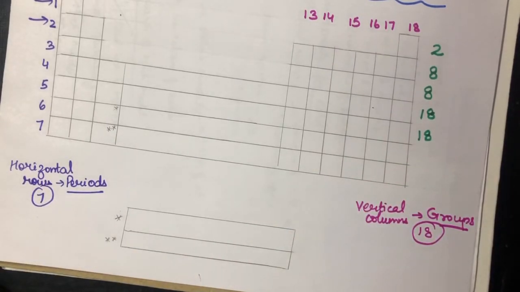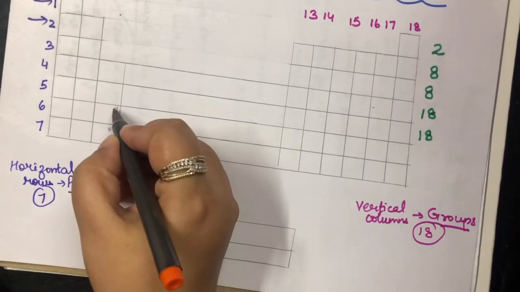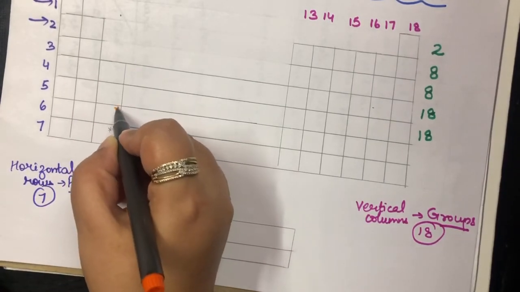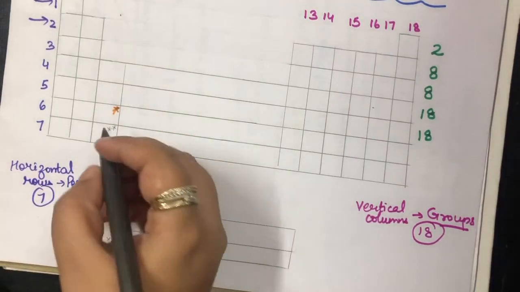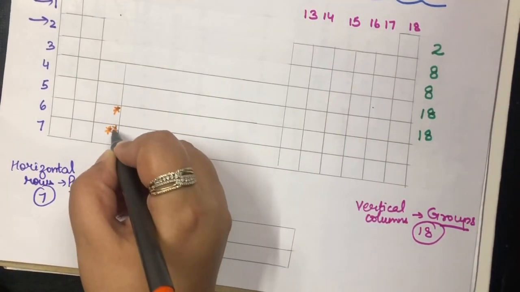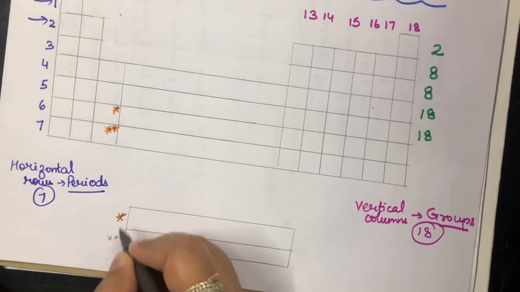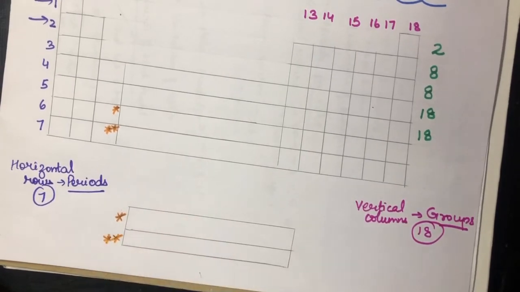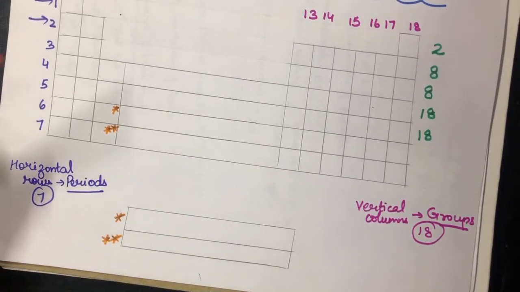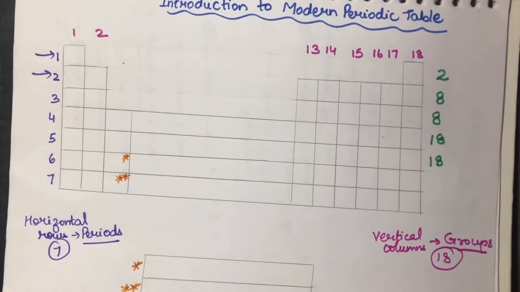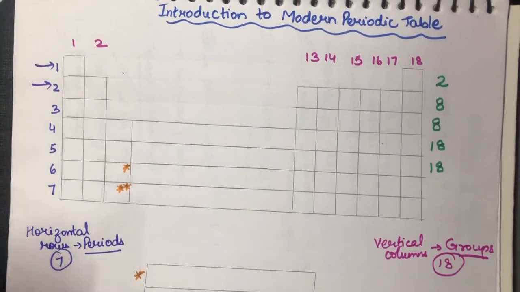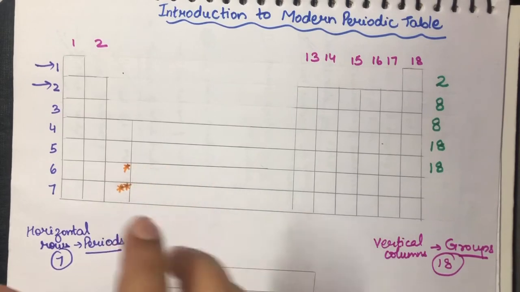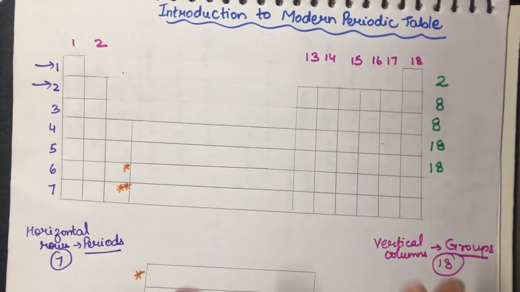But now there is a difference when I am talking about period 6 and period 7. I have made an asterisk sign here and a double asterisk here, and I have kept the explanation here and will discuss it very soon in this video. Why the asterisk sign, and what is the speciality in this period?